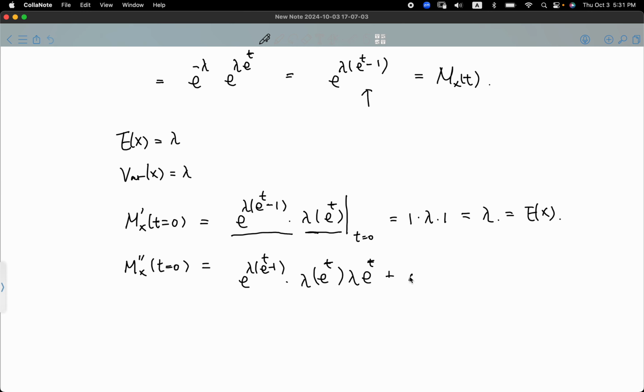So essentially that is lambda multiplied by e raised to the power of t, and then multiply by, let me clean up the notation a little bit here.